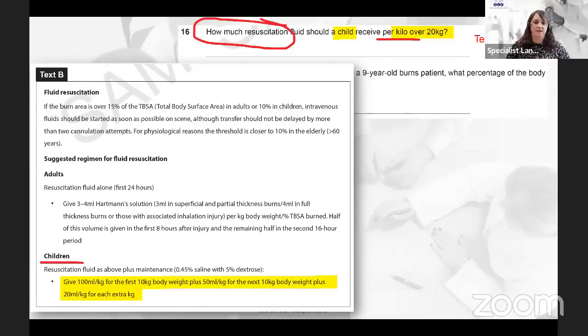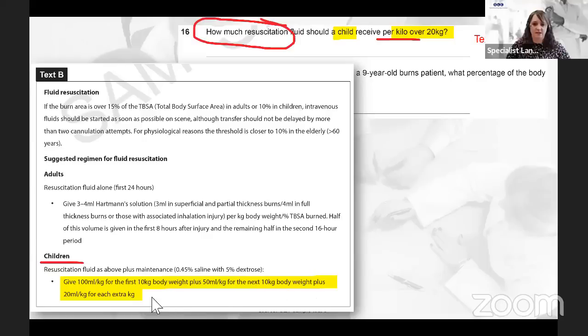Let's have a look. So we know that we're looking here. Notice there's quite a lot of quantities here, so you need to read quite carefully for which of these numbers you need. So, a child over 20 kilograms. If we look at the information here, for the first 10 kilograms, and then for the next 10 kilograms, we're looking over 20 kilos.